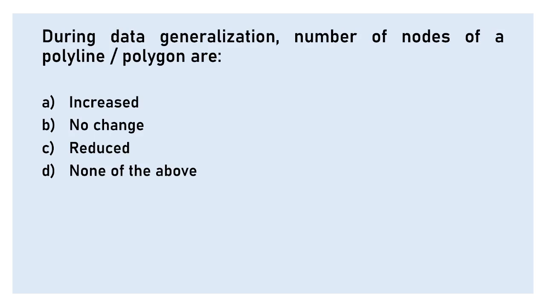During data generalization, what is done to the number of nodes of a polyline or polygon? Just think about what data generalization is, then the answer is there. What exactly do we do when we are generalizing?